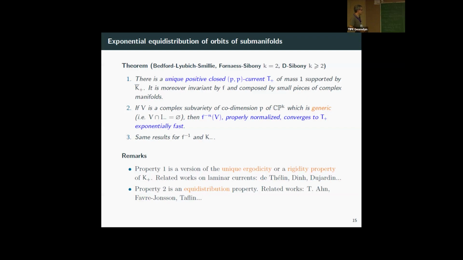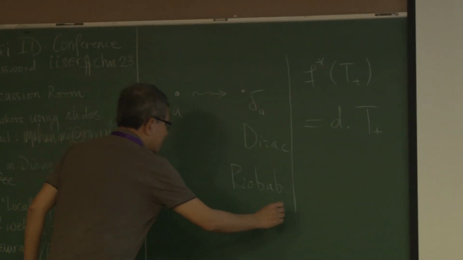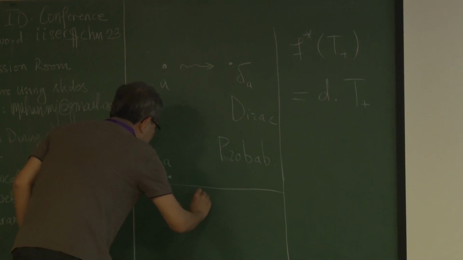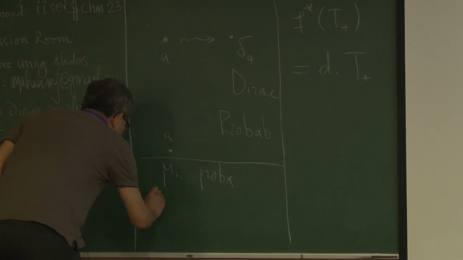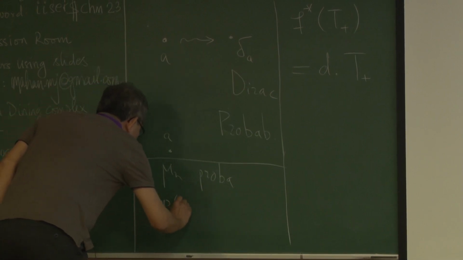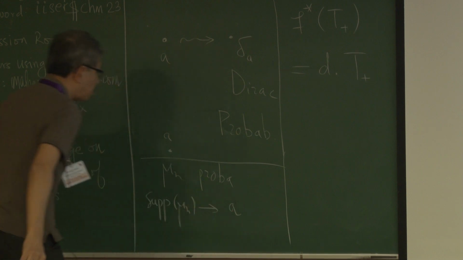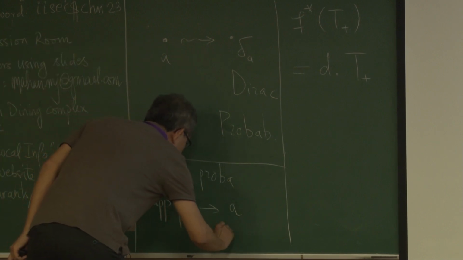But if you normalize this properly, then it converges to T plus. This is not surprising, because I come back to this example again. Assume that you have a sequence of probability measures mu n, and you assume that the support of mu n goes to the point a, then you have no choice for the limit. So mu n should go to the Dirac mass at a.